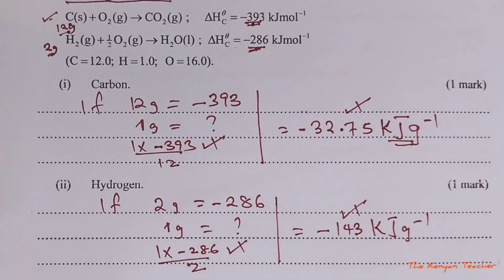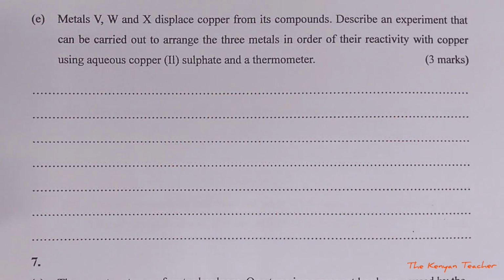We proceed to the final part of question 6, and that is part E. We were informed that 3 metals here, V, W, and X, displace copper from its compounds.